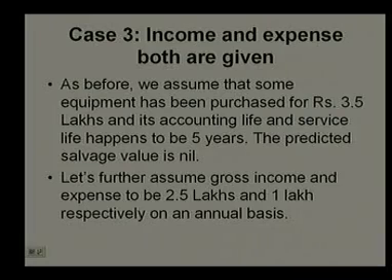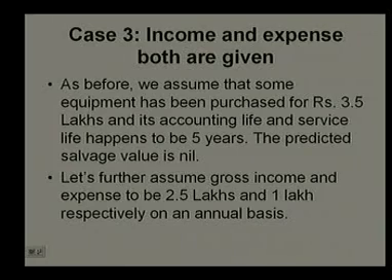Now I am further assuming that the gross income is 2.5 lakh every year and the operating expense admissible under tax benefit is 1 lakh. So you can see this is the combination of both the two cases which we discussed earlier.